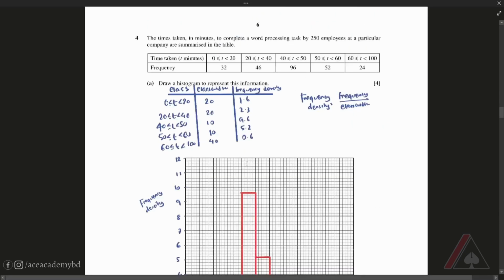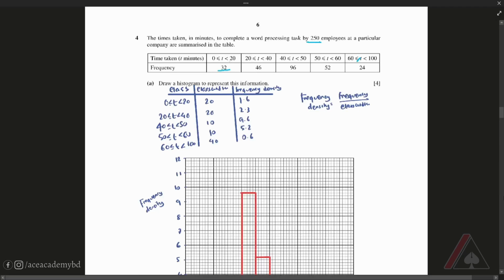Now in the next question, question number 4, we're given the time taken in minutes to complete a word processing task by 250 employees. So the total number of employees is 250, and this is the list of the time taken and the frequency of time taken by employees.